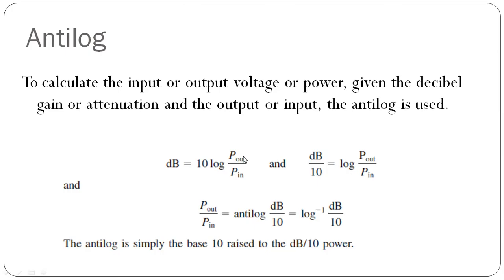Sometimes sa problem, kinukuha yung ratio value no instead of decibel. Okay? So, ginagamit natin yung anti-log process. So, anti-log to calculate the input or output voltage or power given the decibel gain or attenuation and the output or input yung anti-log yung ginagamit. So, like for example, let's say 30 decibel.